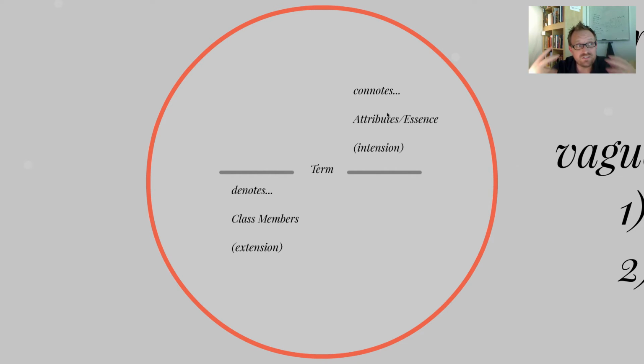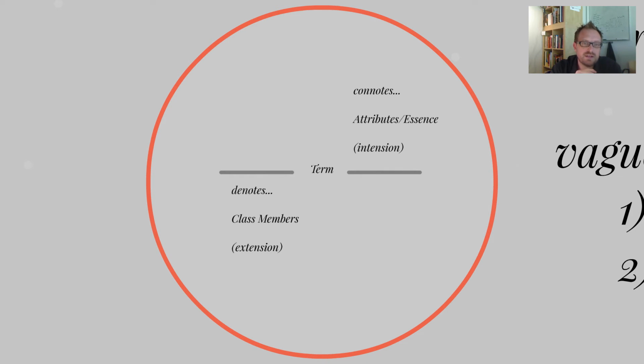So the Queen of England refers to a specific type of person, a person who's born with a royal birth and who's been crowned Queen of England, etc. That's the attribute, but the denotation of the term is Queen Elizabeth. There's only one living Queen of England, at least right now, and that's Queen Elizabeth. But other class members of queens include Queen Victoria, for instance, and so on and so forth.